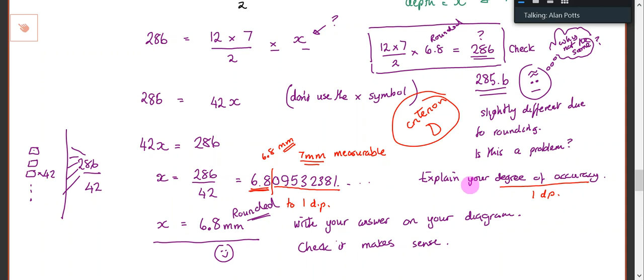But because we only have millimeters, even if we use 7, this number would be even more different, but it's not a problem. It's not incorrect as long as I can explain why I chose my degree of accuracy. So 1 decimal place or even the nearest whole number, it'd be up to you. So that's the process.